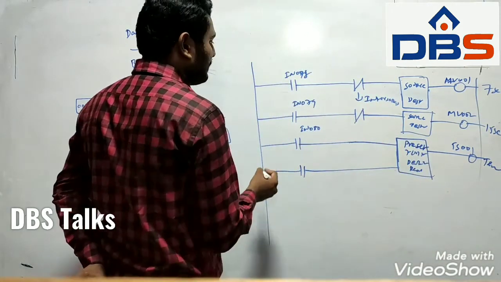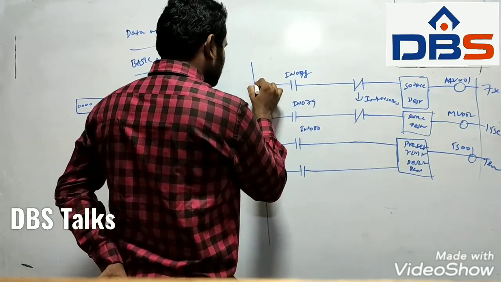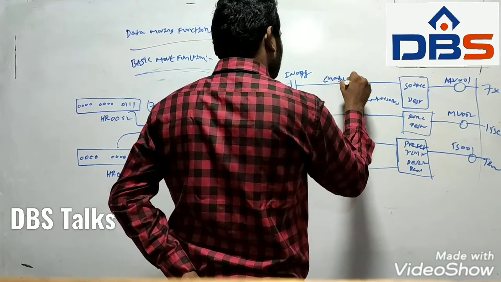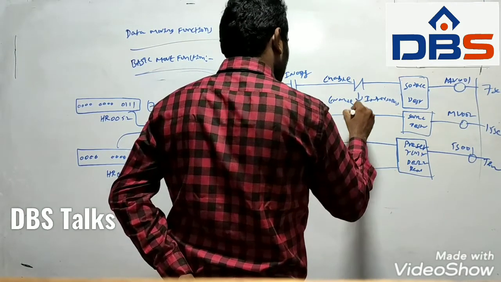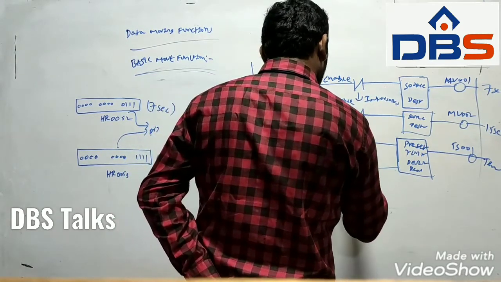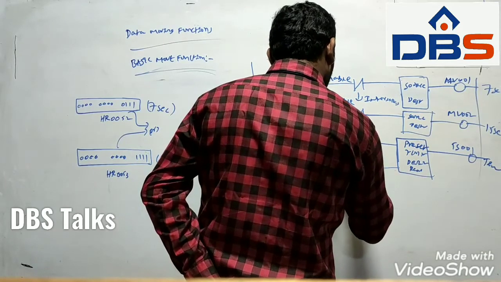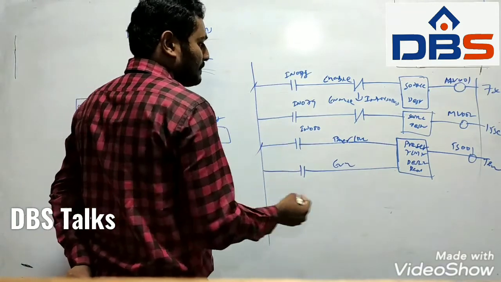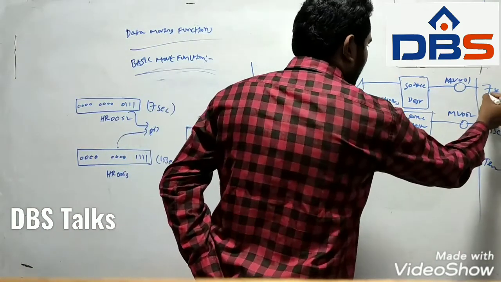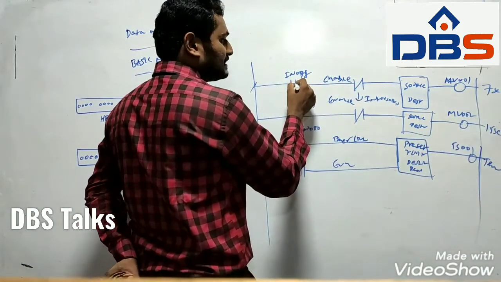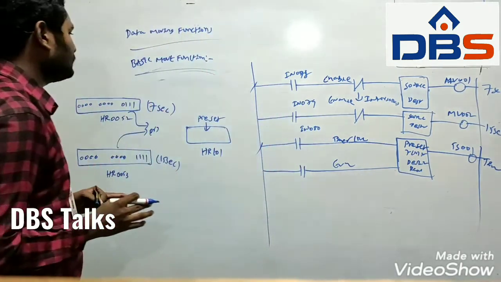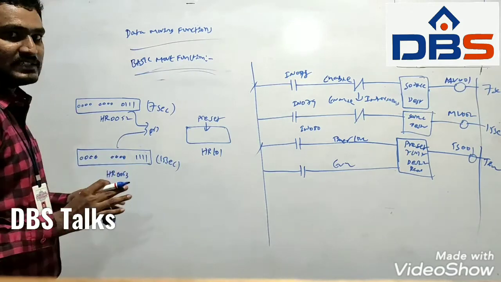By enabling either this switch or this switch, we are applying this value to this one. If you use 7 seconds, we have to turn on this one. If you use 15 seconds, we have to turn on this one. So this is the basic move function application for the condition.